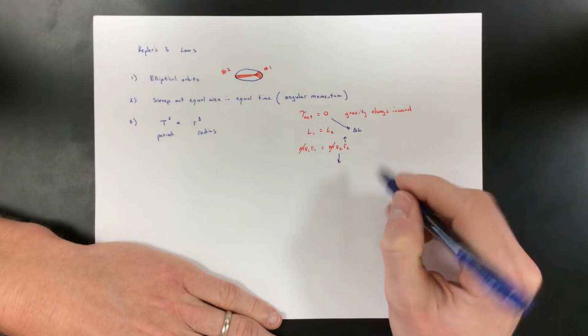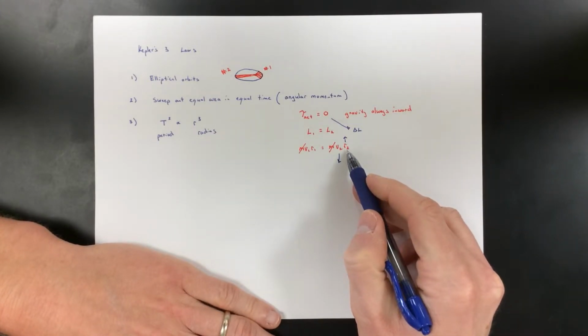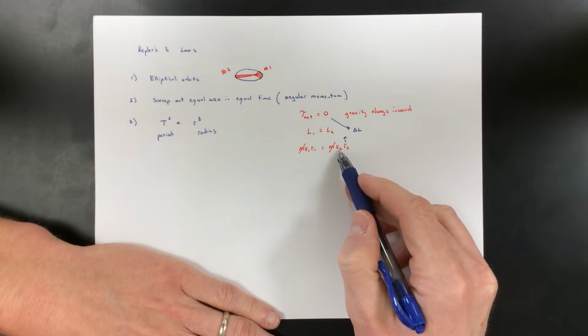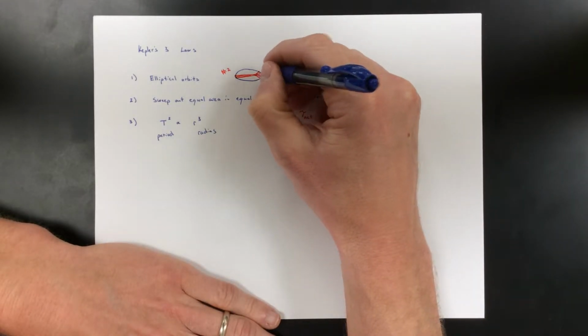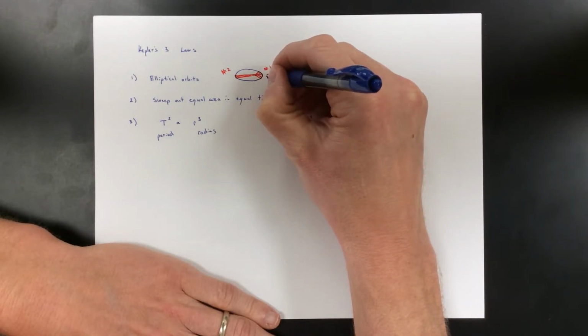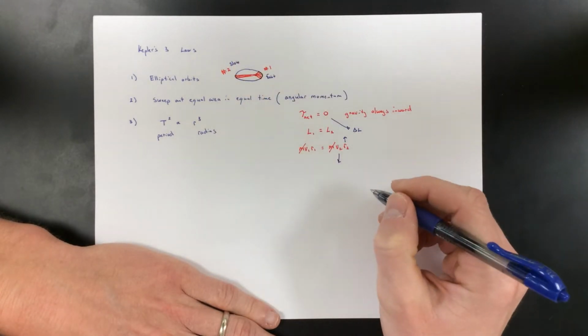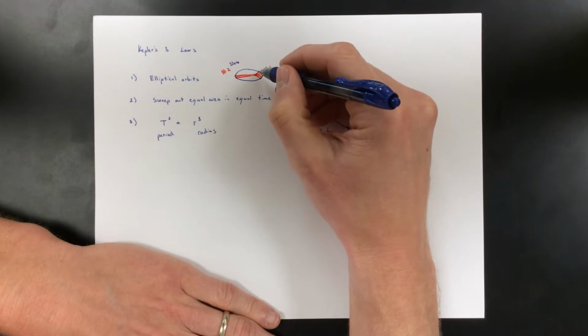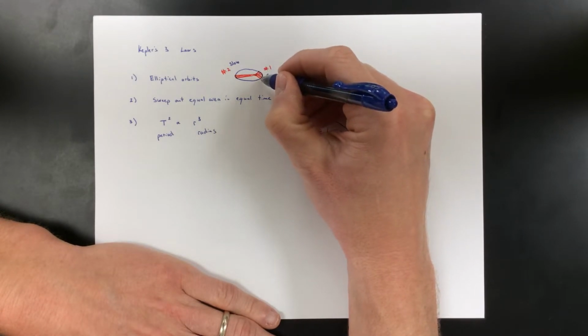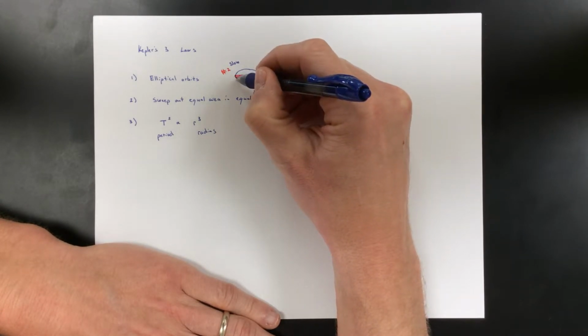If you happen to be closer, meaning if r2 was smaller than r1, then you'd be moving faster. So over here, when you have a small r, you're moving fast, and over here, you're moving slow. Hopefully from the picture, you can see that over here you're zipping around, and over here you're moving really slow.